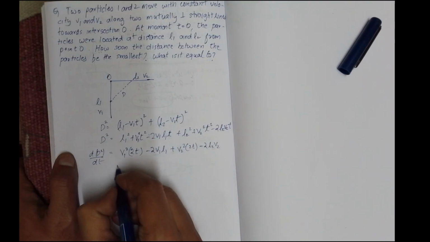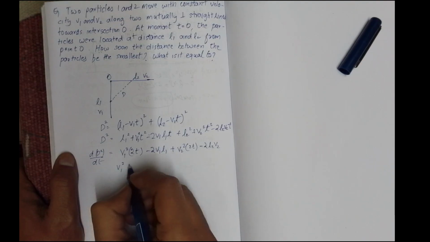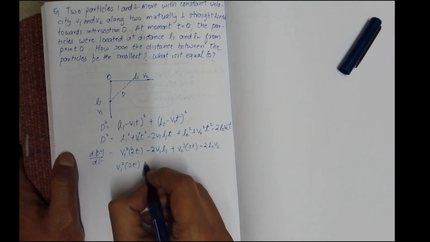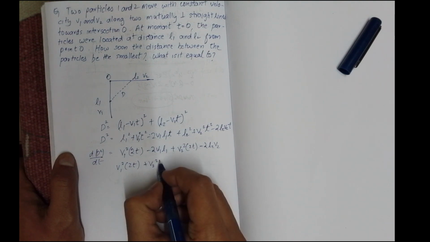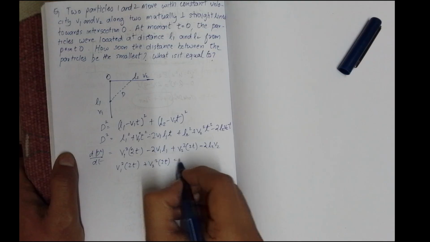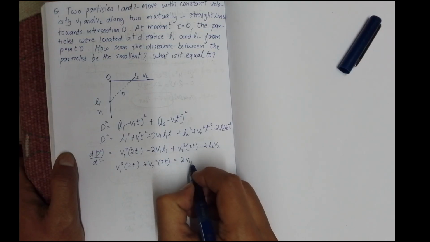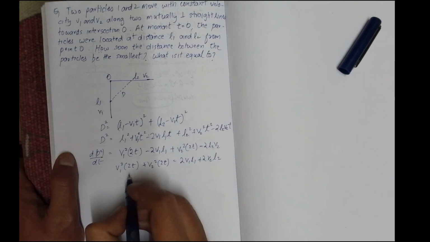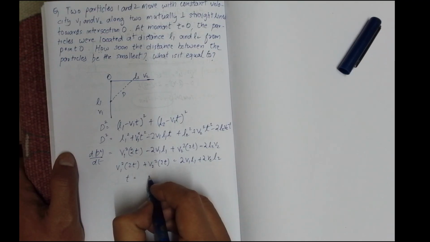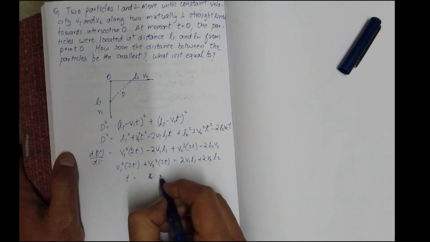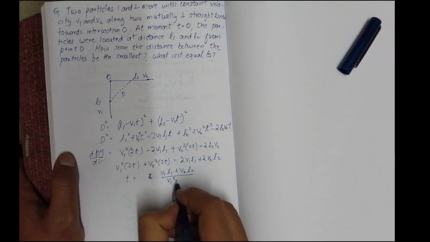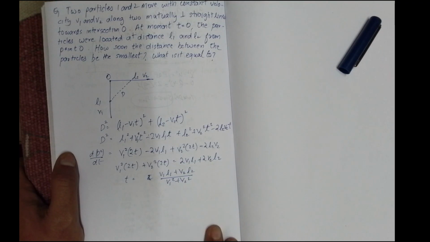So what do I get? v1 square 2t plus v2 square 2t equal to 2 v1 L1 plus 2 v2 L2. So what is t? Sorry, t is equal to (v1 L1 plus v2 L2) divided by (v1 square plus v2 square).